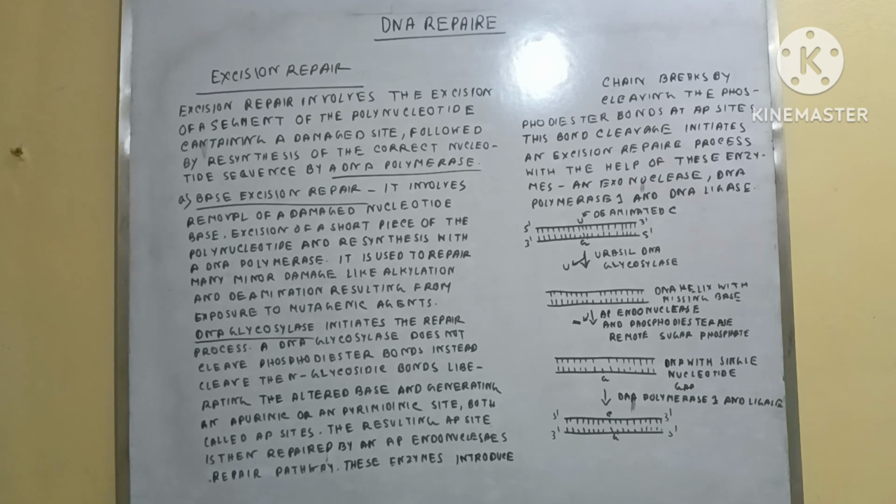Phosphodiester bond means the bond between two nucleotides, the phosphate-sugar bond, so it is not broken by this enzyme. Instead, it cleaves the N-glycosidic bonds.